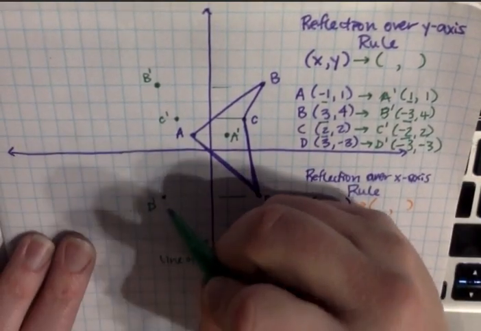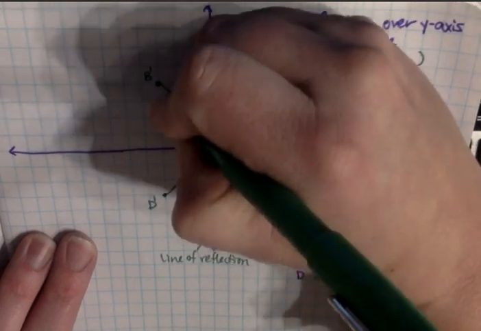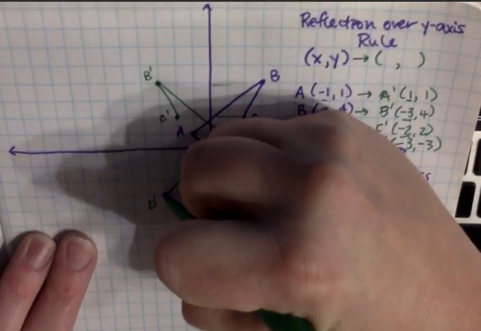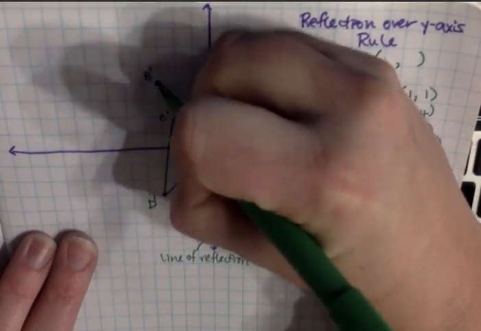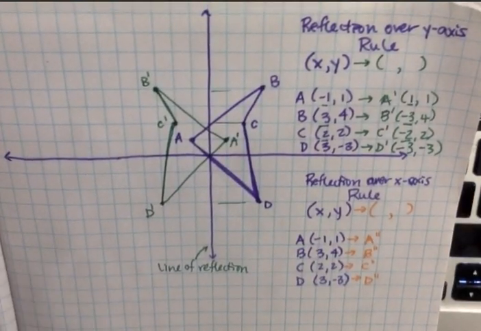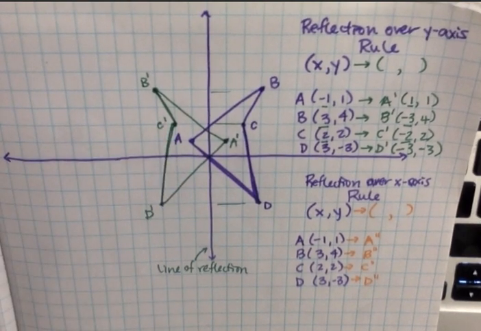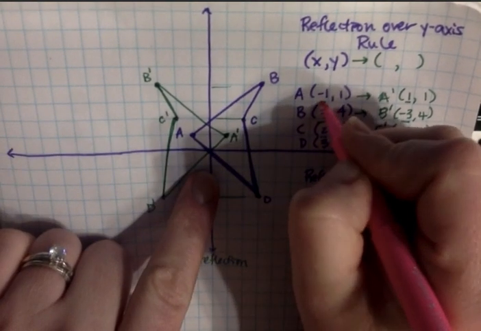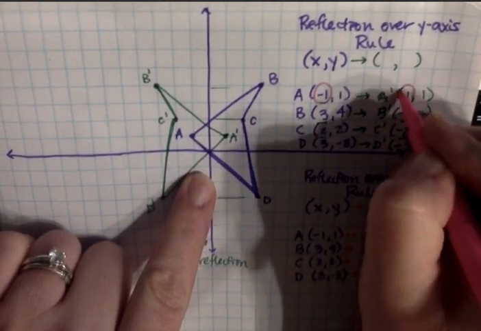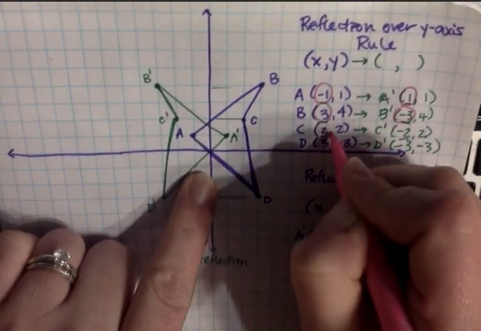Now I can connect the dots to all these points, and I can see this shape reflected. I'm not connecting them very well. I need a ruler to really see it, but you can see that it's reflected. There's a little wonky part, I apologize for that. But my x values all became opposite of what they were when I reflected over the y-axis.